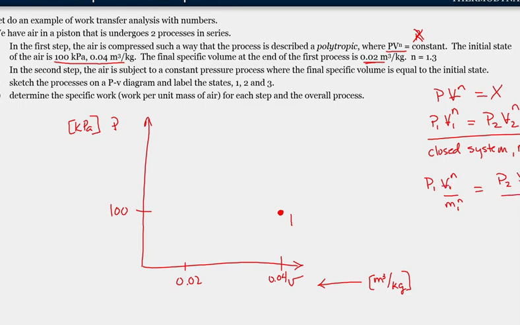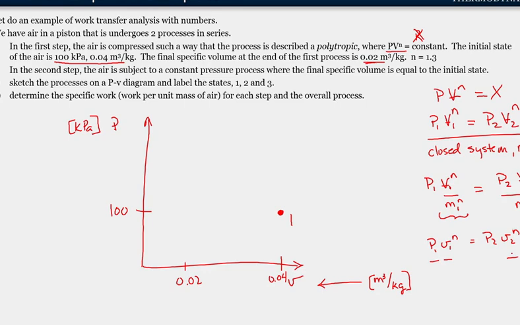Volume. Well, this term is simply the specific volume. That's important because our problem statement gives us information in specific volumes, not in absolute volumes. So we look at this expression and say, I know state 1's pressure and specific volume, and I know the specific volume at state 2.